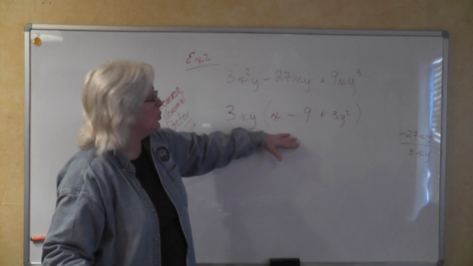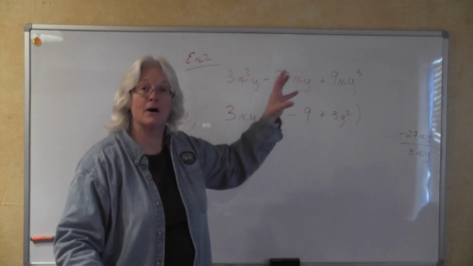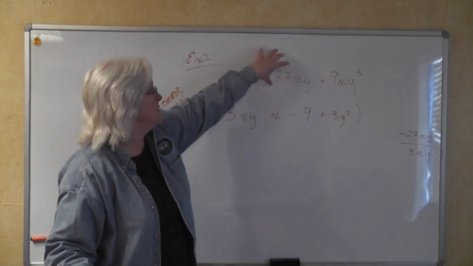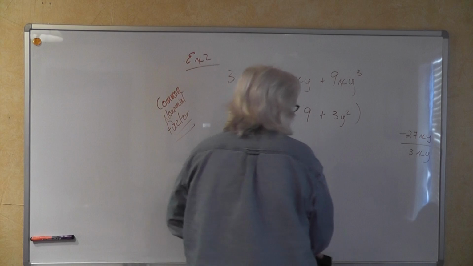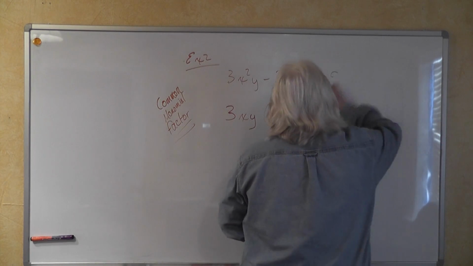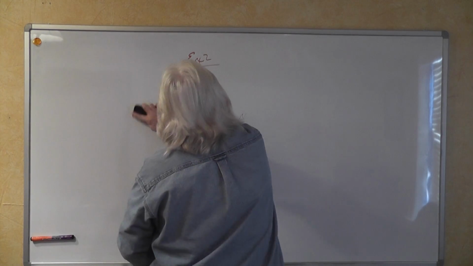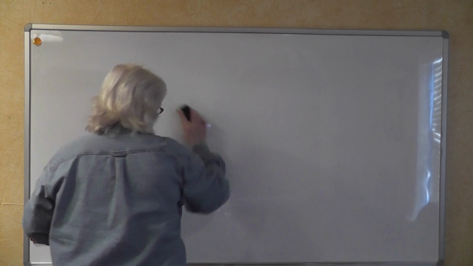So this is what pulling out the common monomial factor is. You're doing the distributive property in reverse. Let's go ahead and look at example number 3 now and see what we end up with.